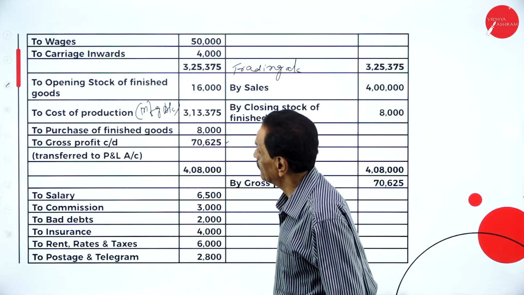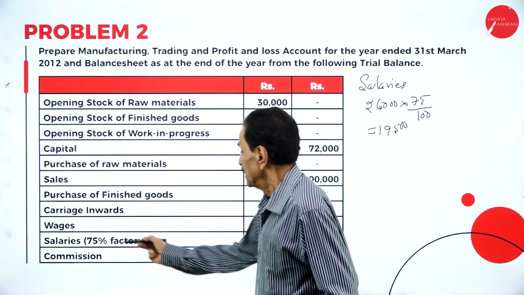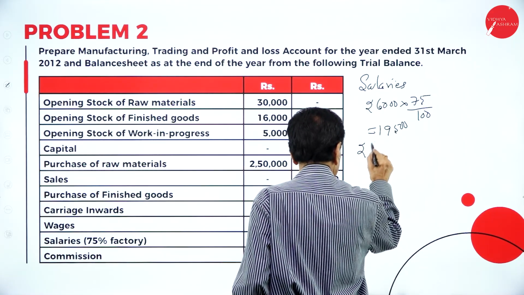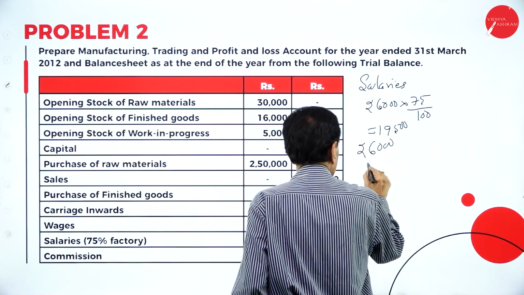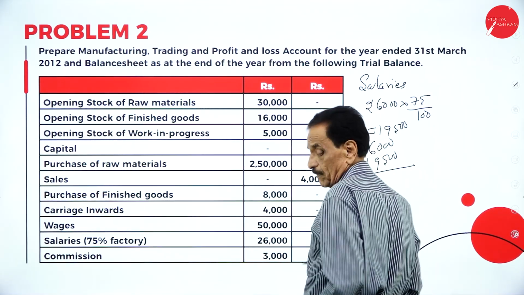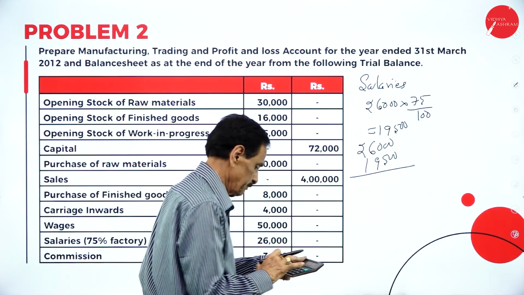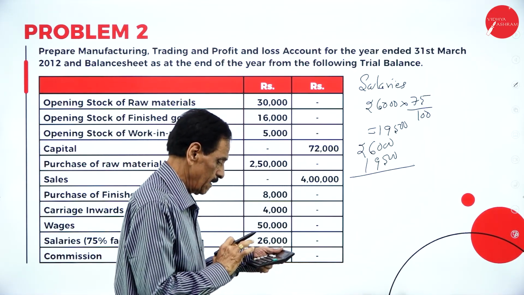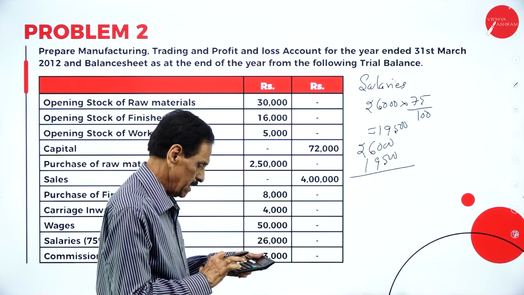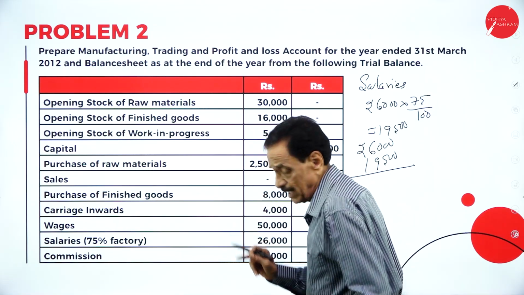Here you have to see one or two items. I will explain once again. Say that 75% goes to factory. Out of 26,000, 19,500 goes to factory. 26,000 minus 19,500, so 6,500 should go to profit and loss account.